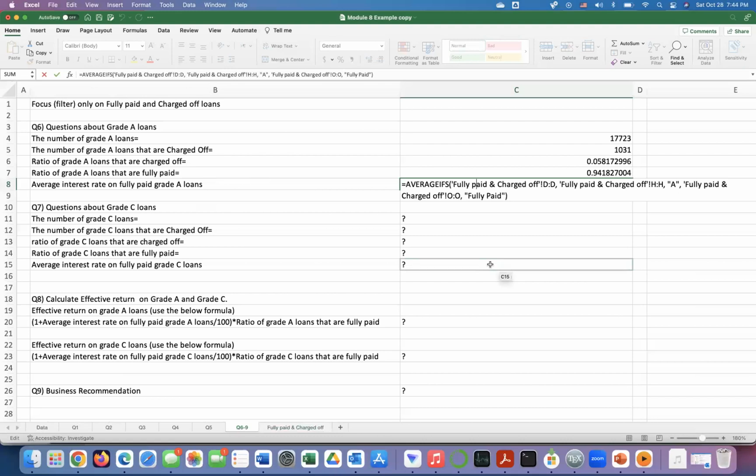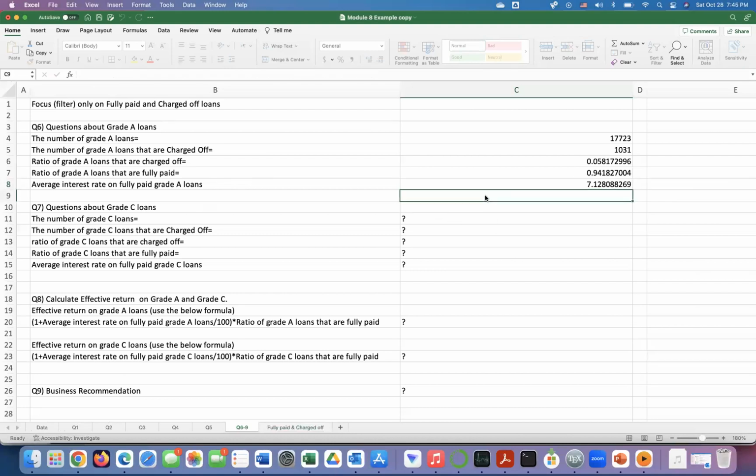AVERAGEIFS, then fully paid charge off D colon D, fully paid charge off H colon H, and then grade must be A, and then status must be fully paid. Okay. So the average interest rate on fully paid grade A loans is 7%.